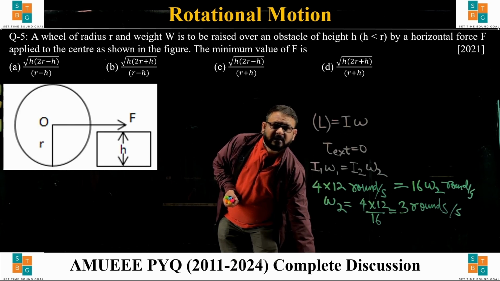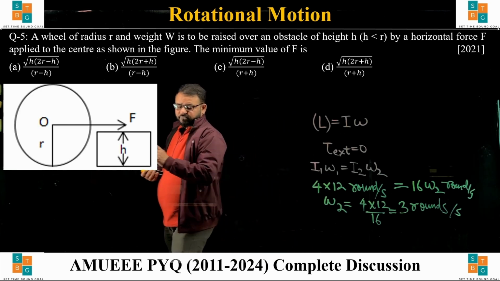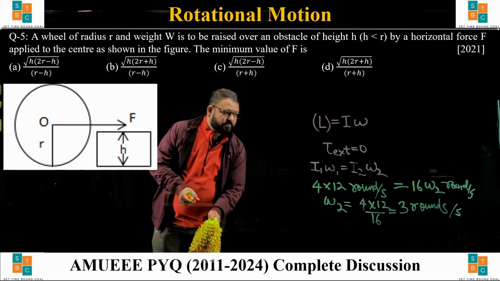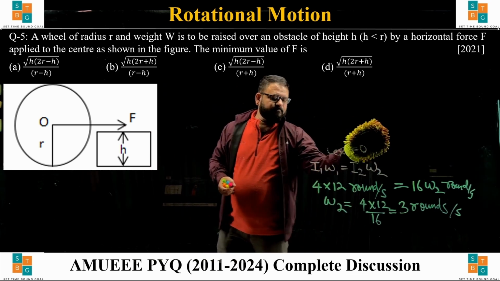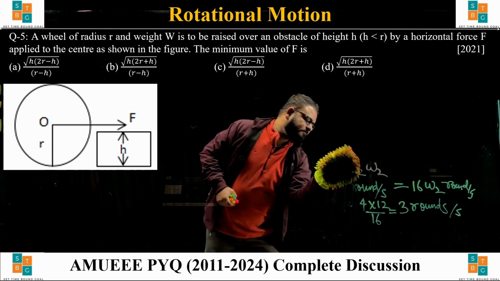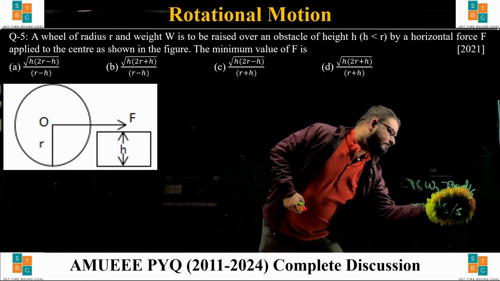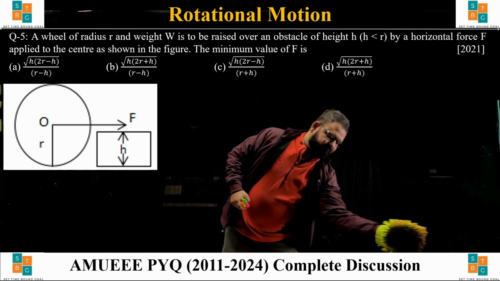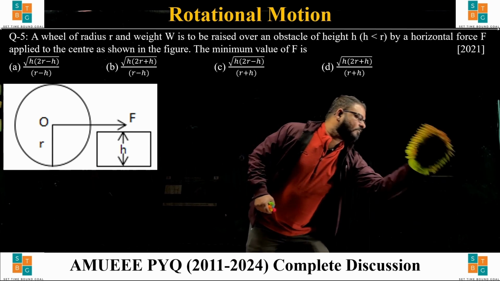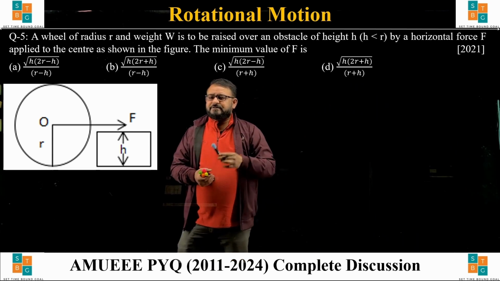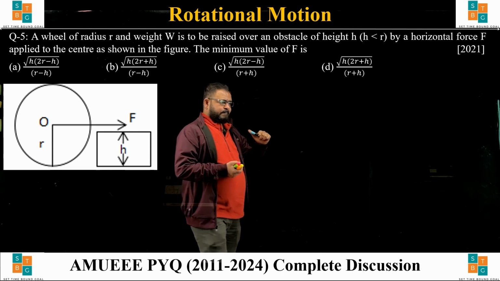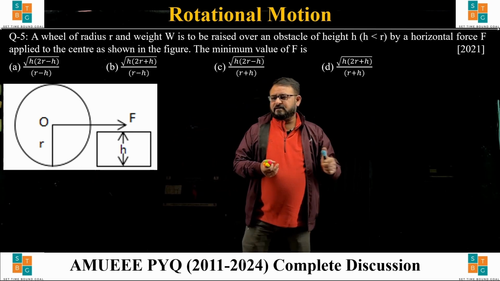Okay. Let's move on. Now this is a really nice question. I'm going to clear the board. This is really a good question. This is about getting over an obstacle.